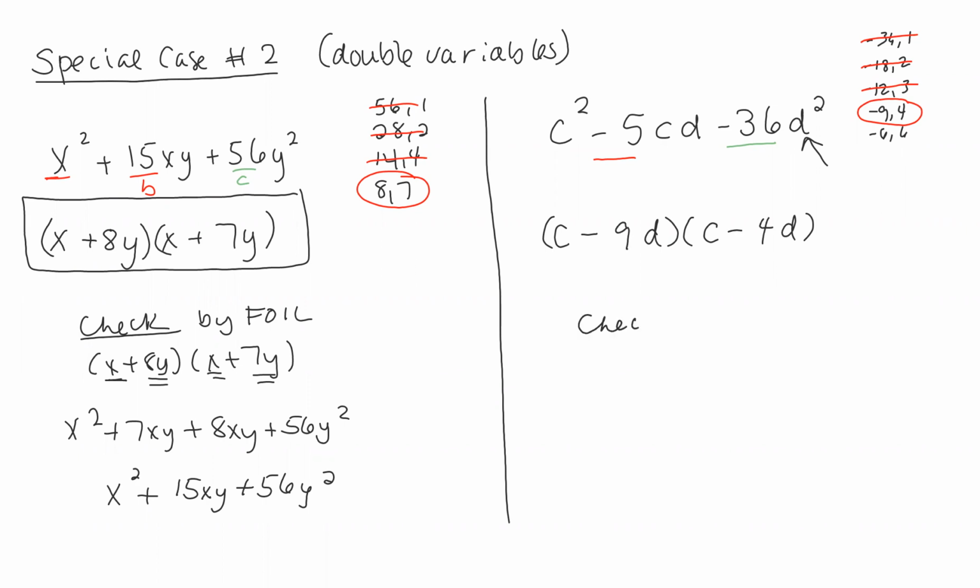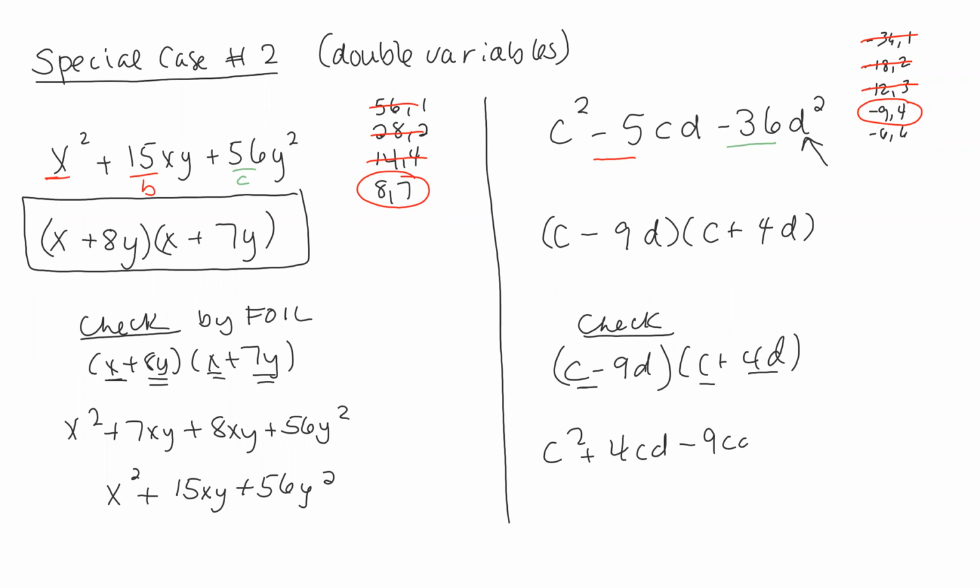And just to prove it one more time, we've got c minus 9d, c minus 4d. c times c is c squared. C times negative 4d is negative 4cd. Negative 9d times c is negative 9cd.